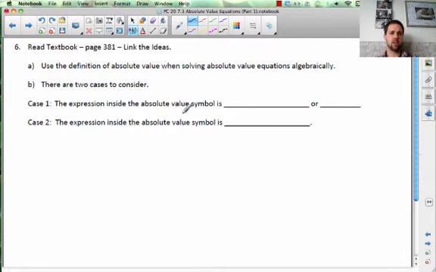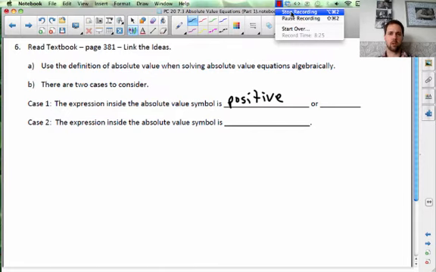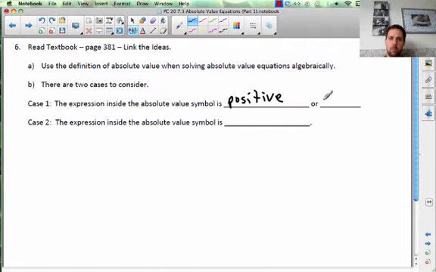The expression inside the absolute value symbol is positive or 0, or the expression inside the absolute value symbol is negative. So there's always going to be two cases. We have to consider them both.